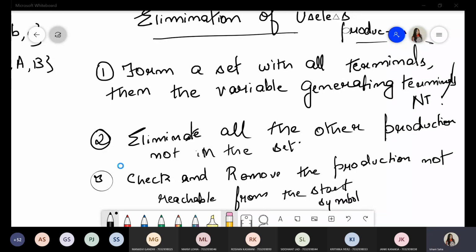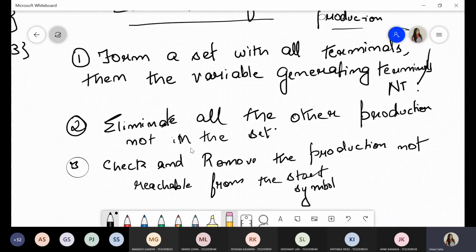Those who are not reachable from the start symbol, you just have to directly remove them. Okay, how to do that? Let's see. Let's take an example and see.